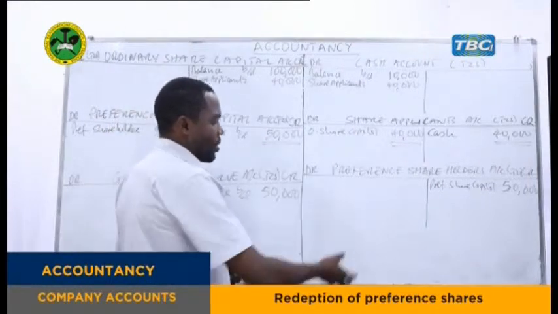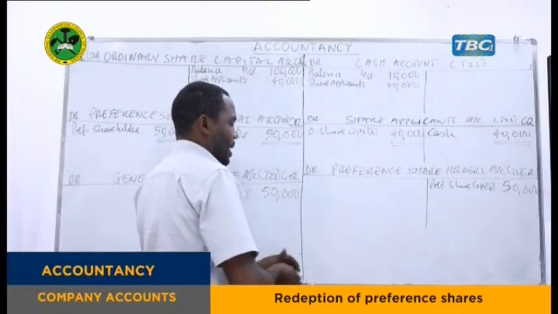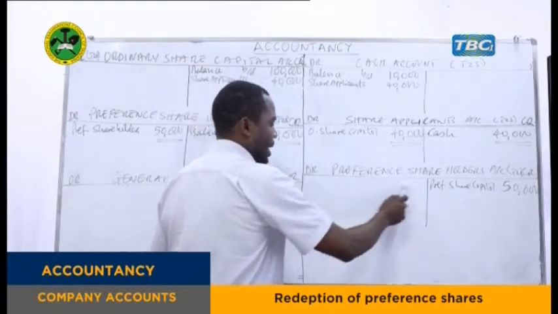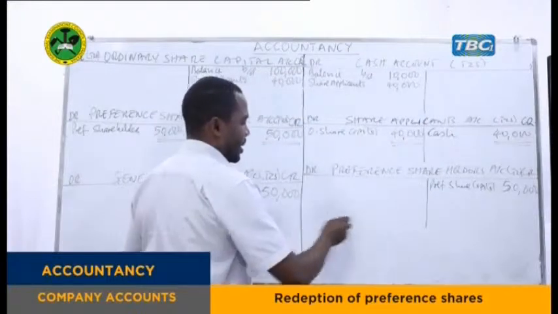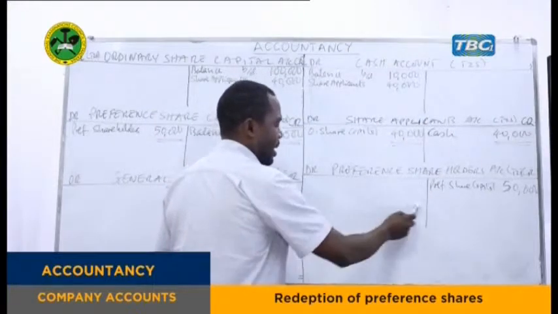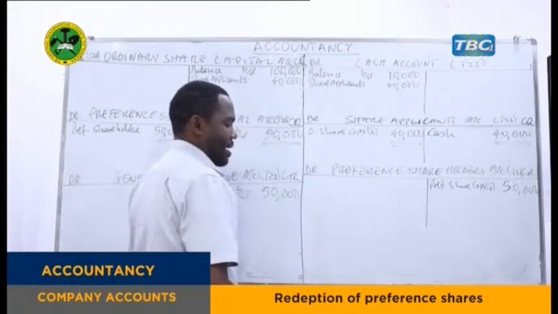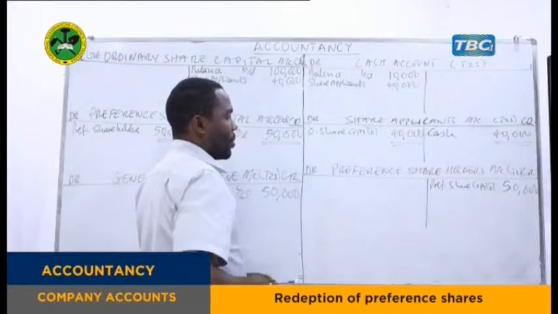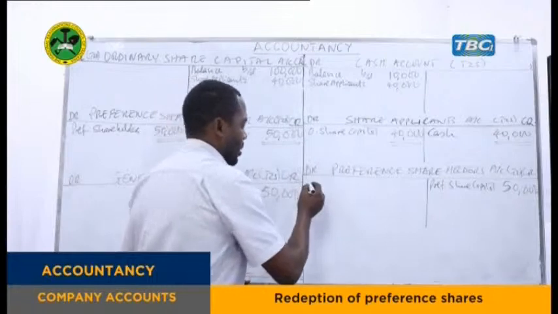But what if they were redeemed at a discount? Then we would pay less than the par value. We would enter here the cash amount paid, credited to cash. Then the difference would be a discount on redemption, and this would be a reserve to us. So far, because we are redeeming this at par, let me show you now how we pay this.